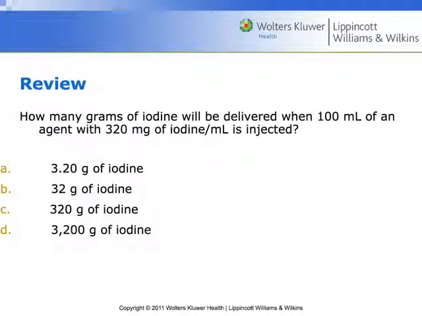I know that our quizzes, I think online, have this question on them. Do y'all remember the calculation thing? So we've got a certain amount of iodine diluted in 100 milliliters of an agent. Any guesses what the answer is? How much iodine did this patient receive? 32 grams of iodine, right?